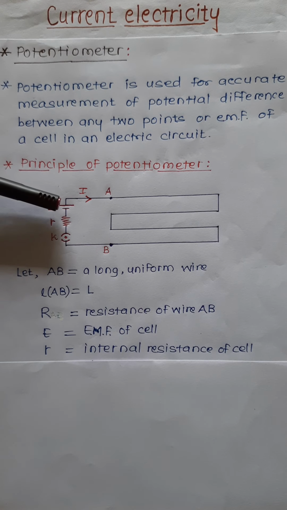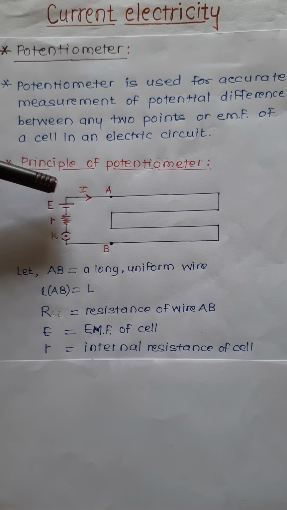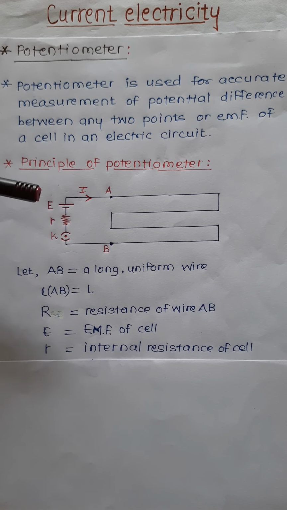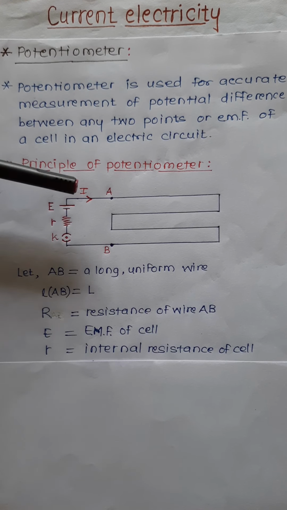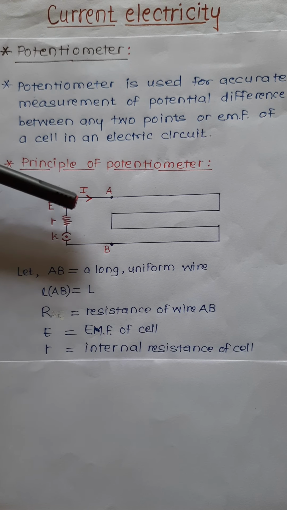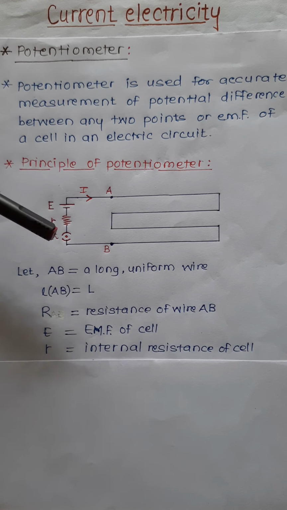AB. Now when key K is closed, let I be the current sent by this cell through the circuit. To get potential difference between points A and B, apply Ohm's law. Ohm's law क्या है? V is equal to IR.